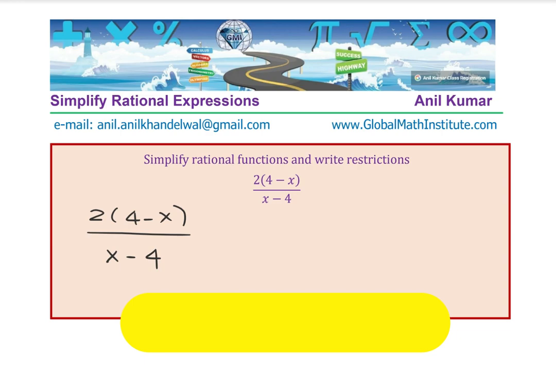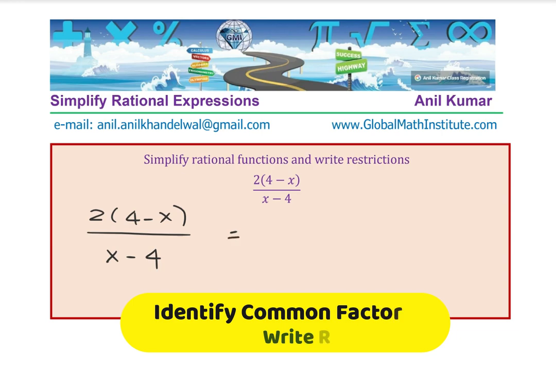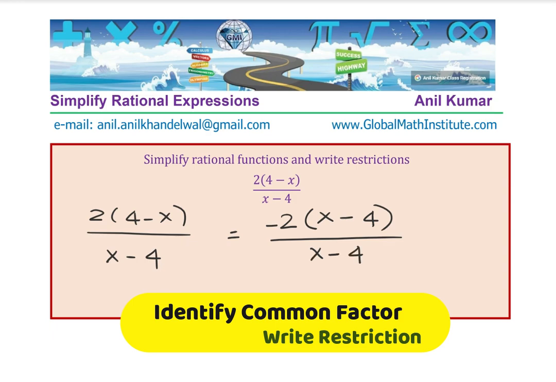Do you see 4 minus x and x minus 4 are actually the same factors? The only difference is that one is the negative of the other. So if I factor negative out, then I get x minus 4. Make sense? And I do have x minus 4 in the denominator.